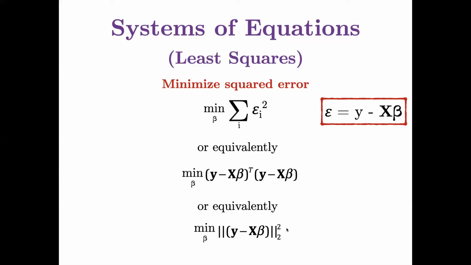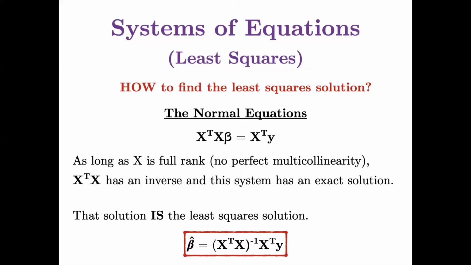But the next question on your mind is, okay, well then how do I find the betas that minimize these expressions, that minimize the squared residuals? Well, it turns out we solve a related system of equations known as the normal equations. The normal equations take that same system, x beta equals y, and multiply both sides by x transpose.